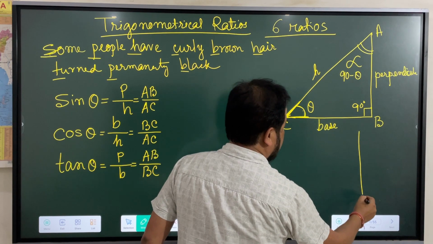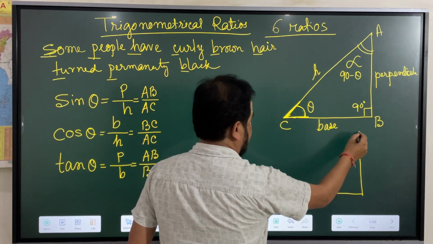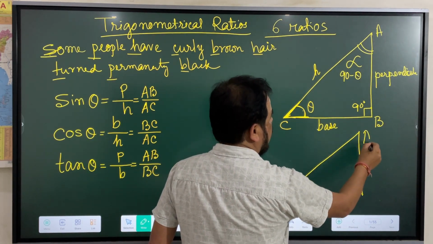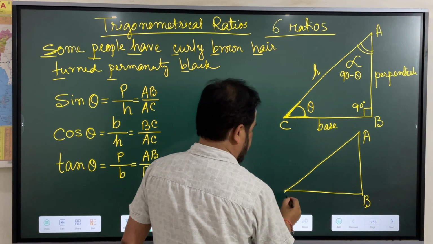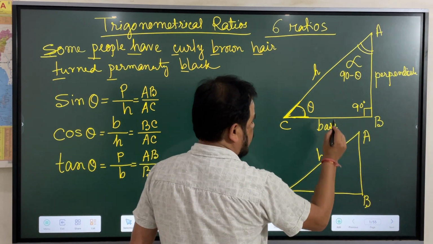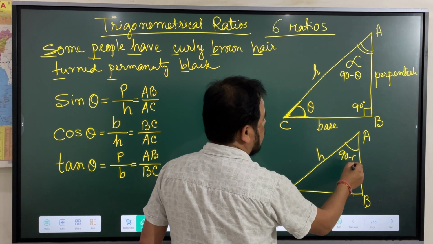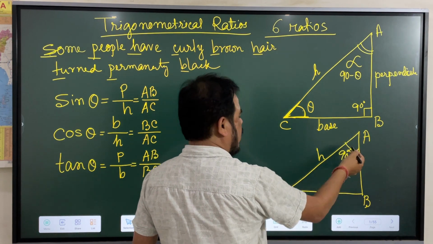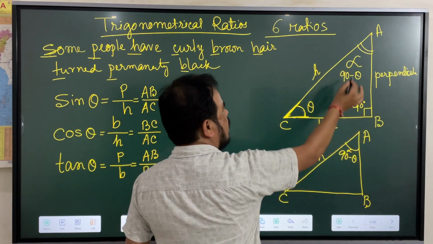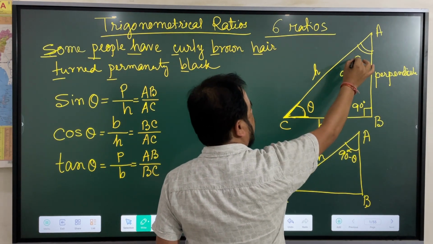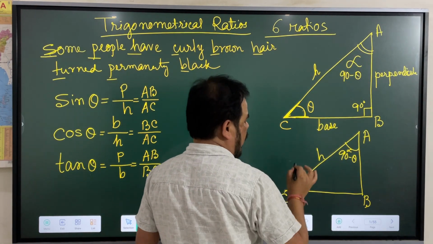Now, this right angle triangle, let me draw again. A, B, C. This is H. This is 90 minus theta, or alpha. What is the value of alpha? This is theta, this is alpha. Alpha is 90 minus theta.